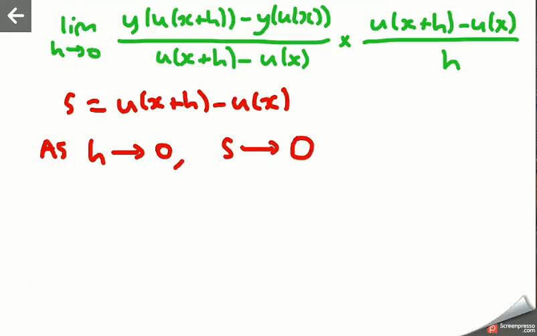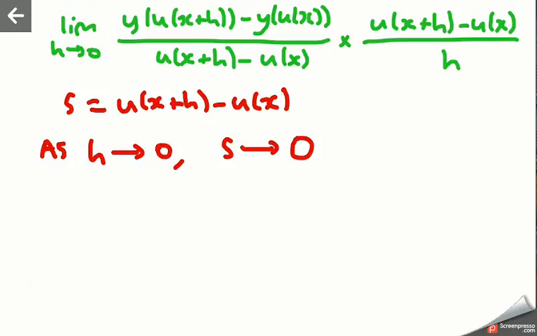In other words, as h gets closer and closer to 0, u of x plus h gets closer and closer to u of x. So that means s gets closer and closer to 0 as h gets closer and closer to 0. So that's the second big assumption that we're going to make.